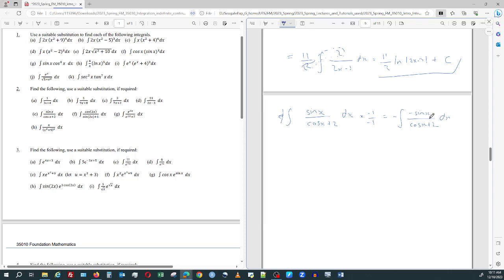The answer is yes. So we've created this minus, which came about because of the derivatives. So we've got minus the ln of the denominator. So there you go. Very straightforward.